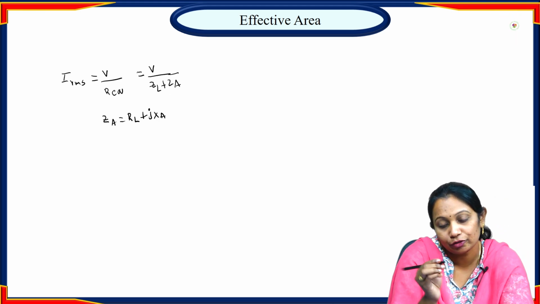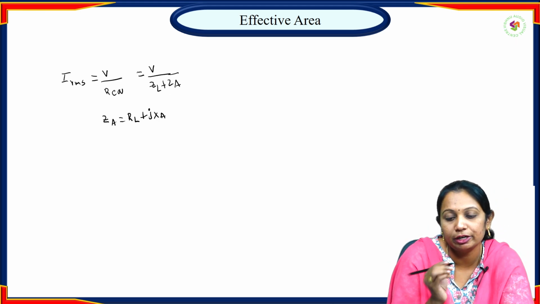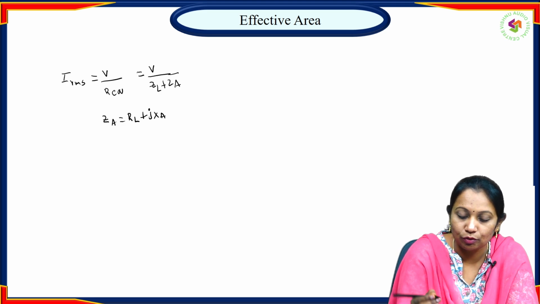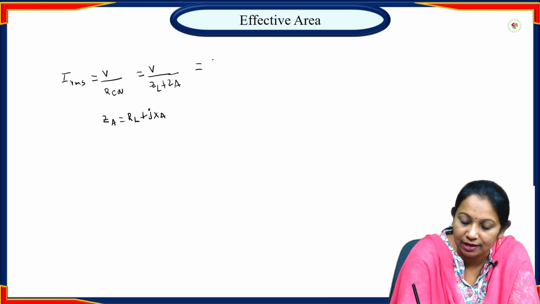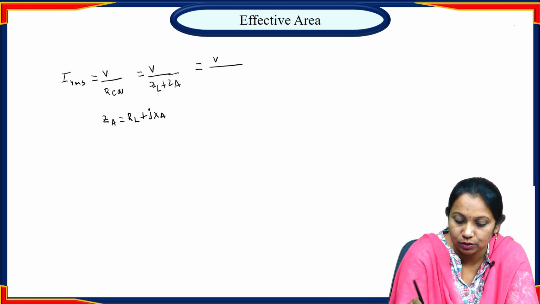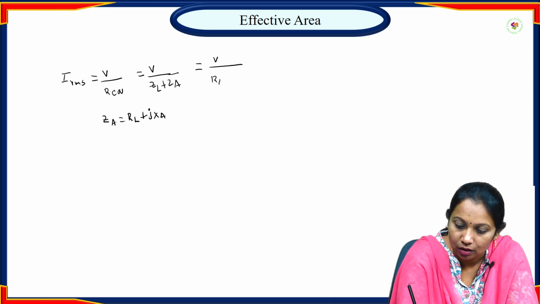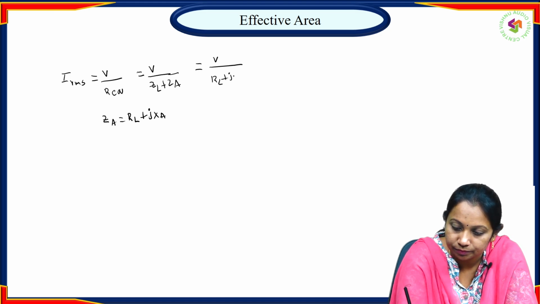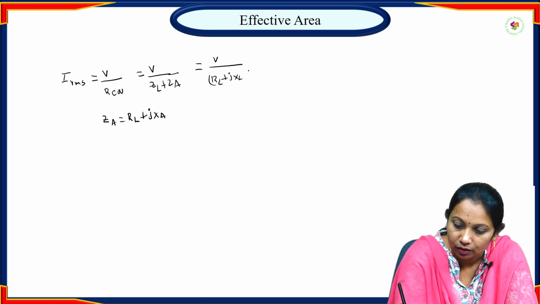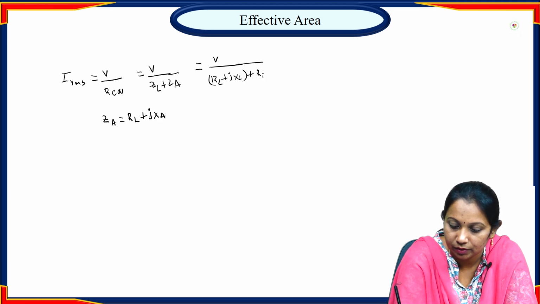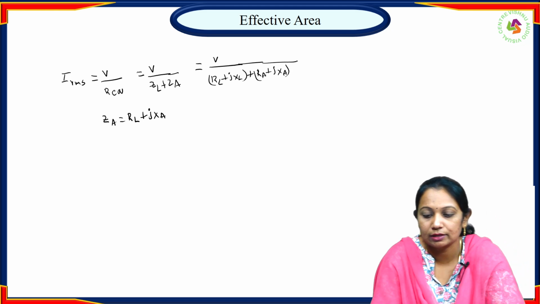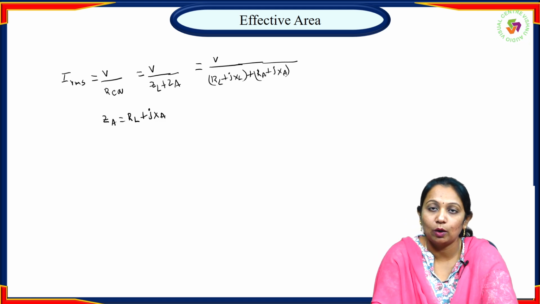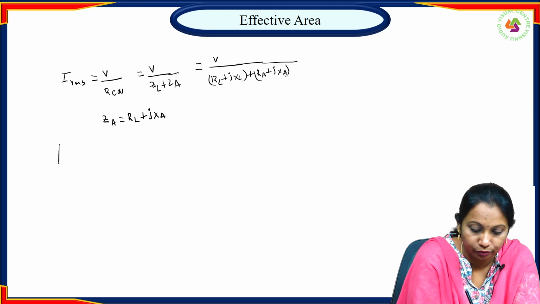Similarly, if we consider the load also as a complex system, we can write this expression as V by RL plus jXL plus RA plus jXA. Now I'll take the mod of this I.